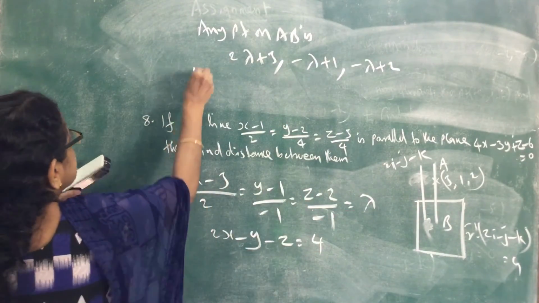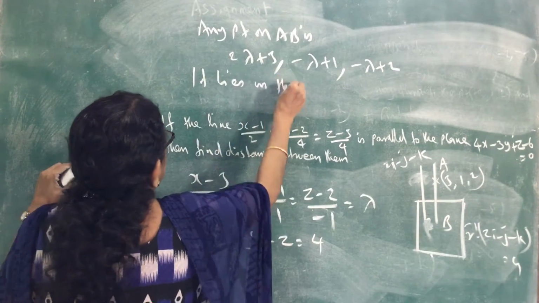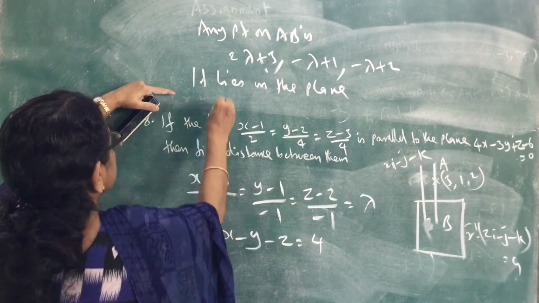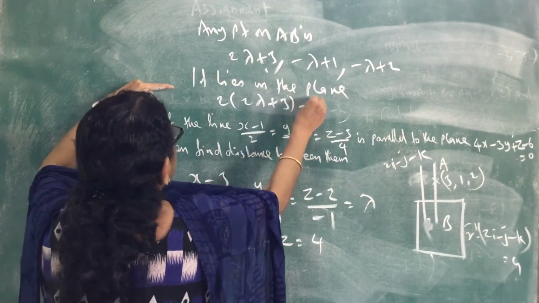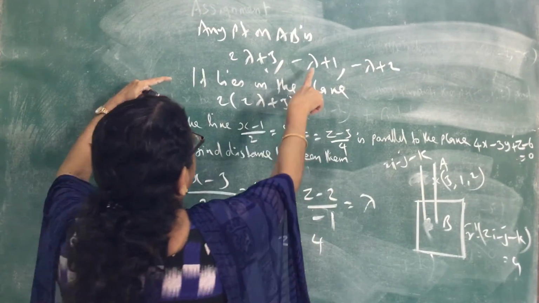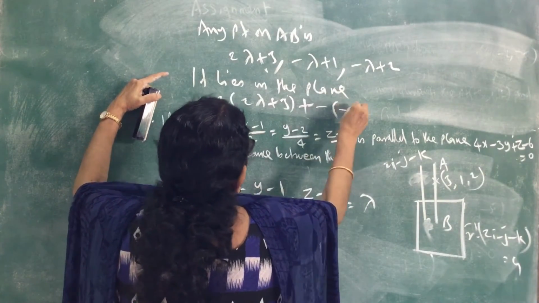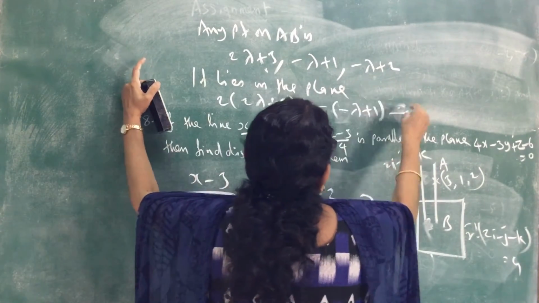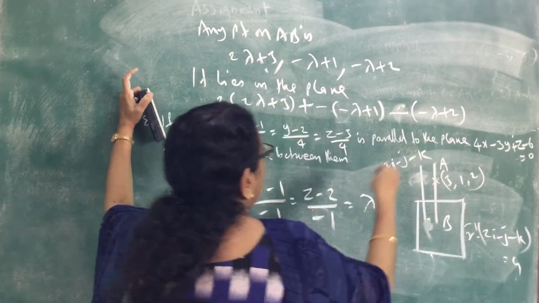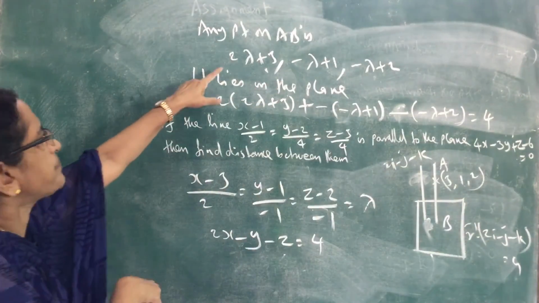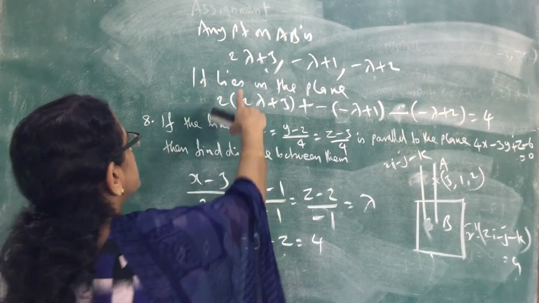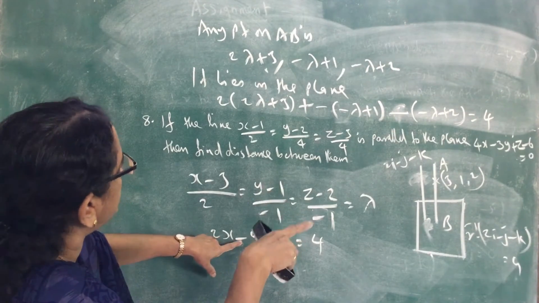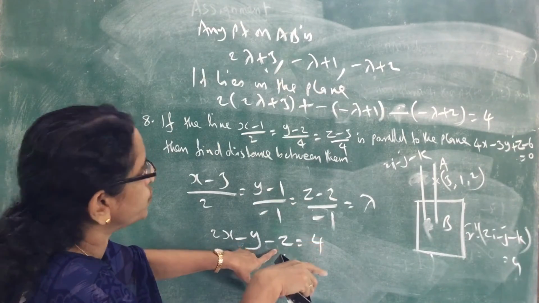Therefore, 2 into (2 lambda plus 3) minus (y, that is minus lambda plus 1) minus (z, that is minus lambda plus 2) equal to 4.